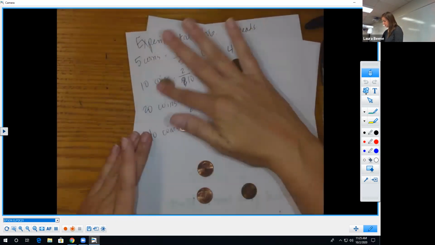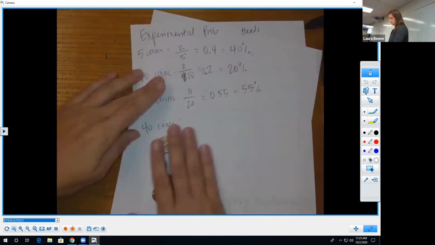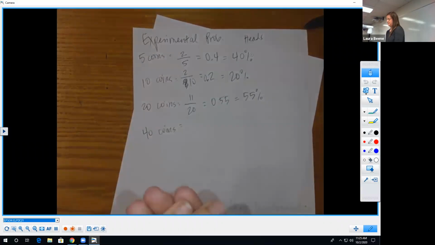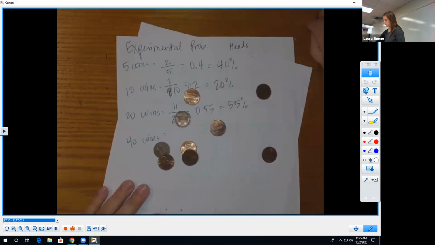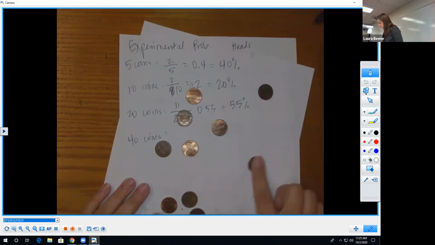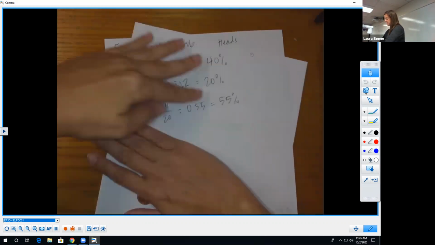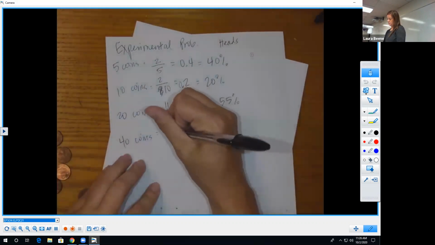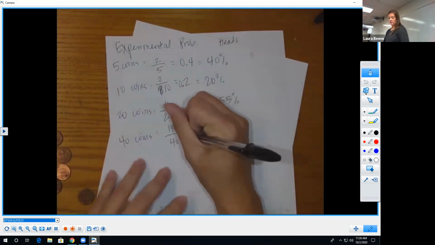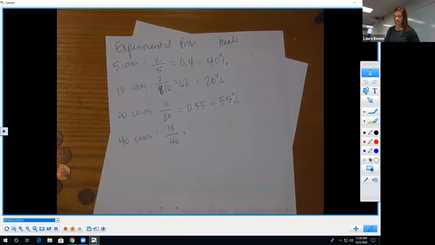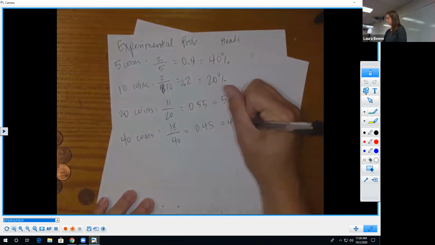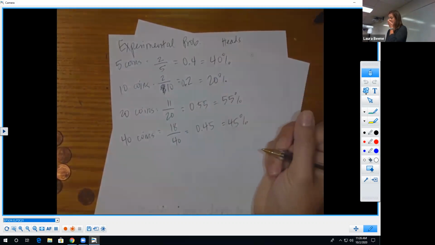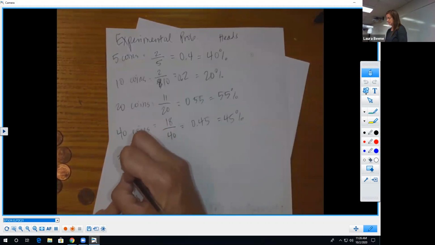Then 9, 10, 11, 12, 13. That's the third toss. This can be the fourth: 14, 15, 16, 17, 18. So 18 out of 40, and 18 out of 40 is 0.45, which is 45%.